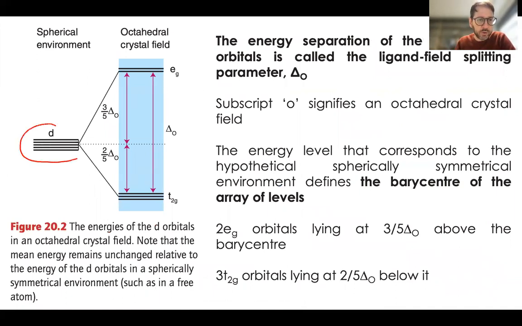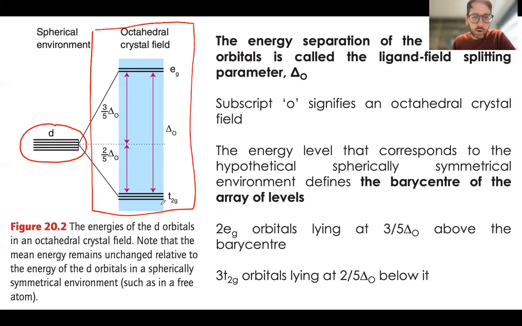So coming from the spherical negative environment to the octahedral environment, the three orbitals positioned in between the axes will have their energy decreased relative to the body center of energy by 2/5 of the ligand field splitting parameter, while the two orbitals positioned along the axes will have the energy increased by 3/5 of the ligand field splitting parameter.